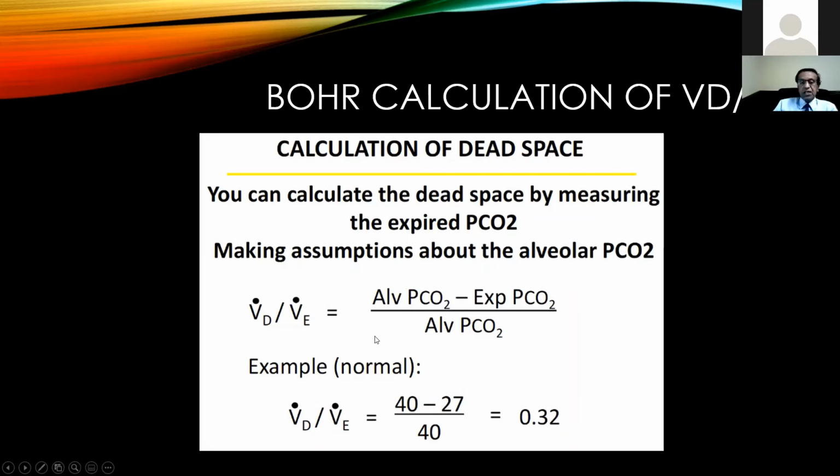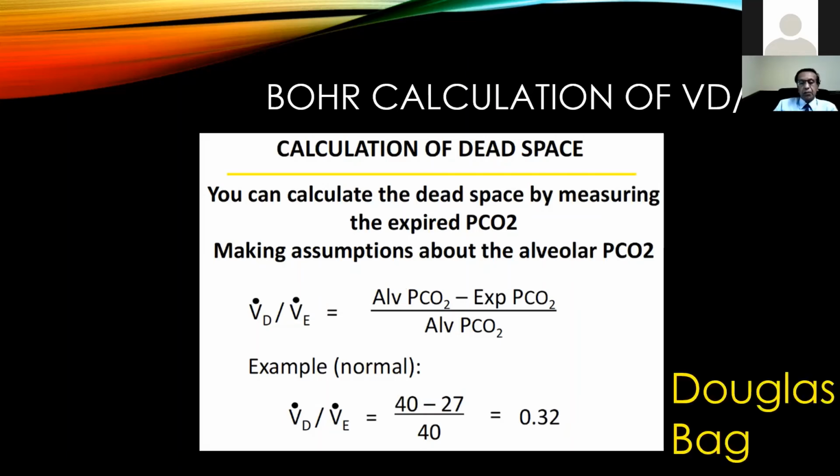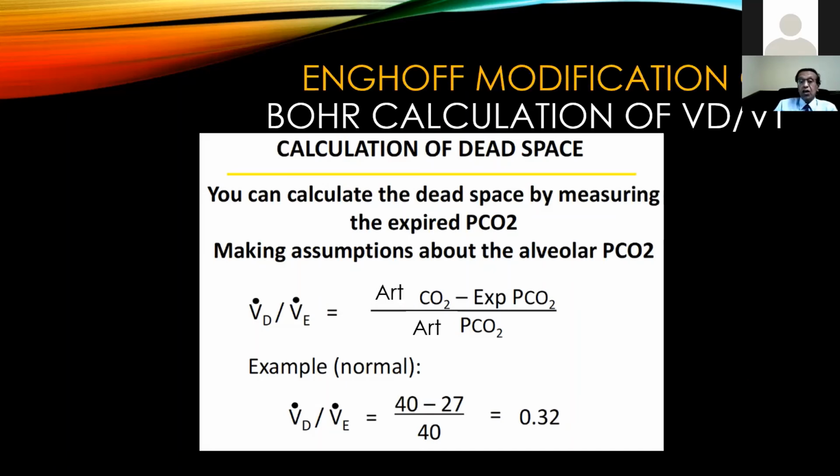Since it is difficult to determine alveolar PCO2 because it needs an extensive methodology using a Douglas bag, Enghoff modified it and supplemented the alveolar PCO2 with arterial PCO2. And this is what we have been using all these years, probably for a century now.